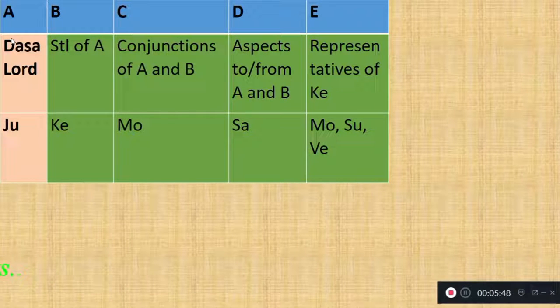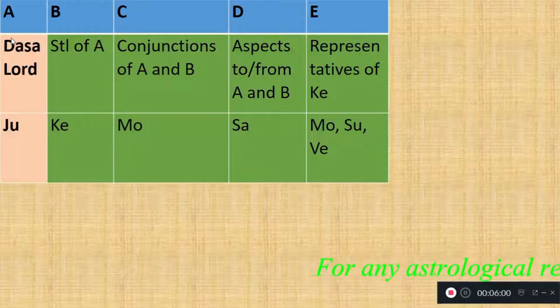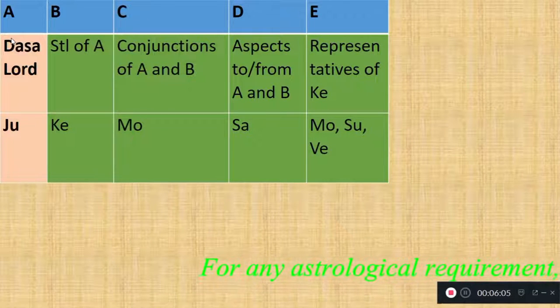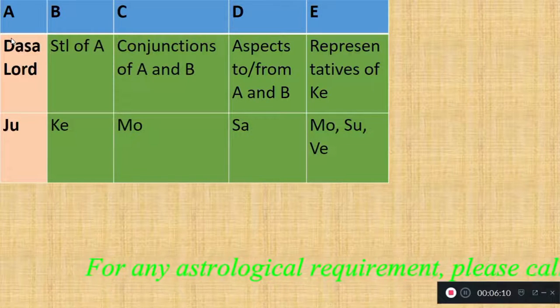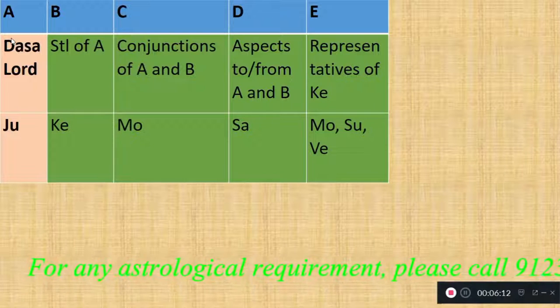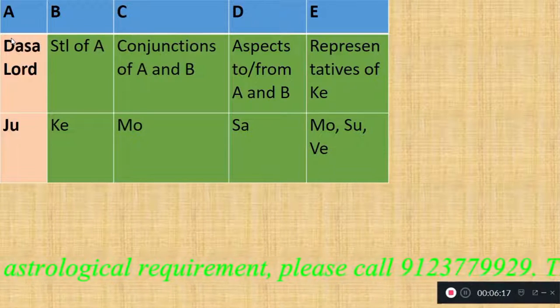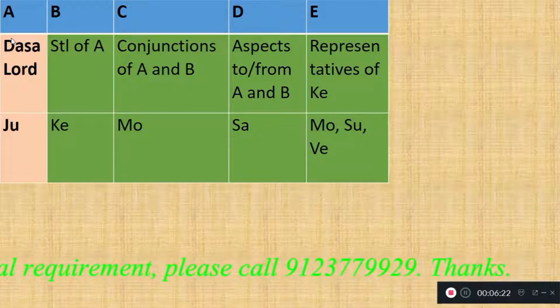The representative means the sign lord and the star lord of Rahu or Ketu and the planets which are conjoined to the Rahu or Ketu and the planets which are aspecting to the Rahu or Ketu. These are called the representatives. The term is only applicable for Rahu and Ketu.